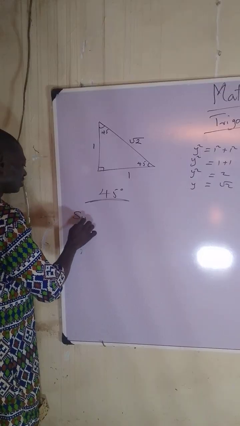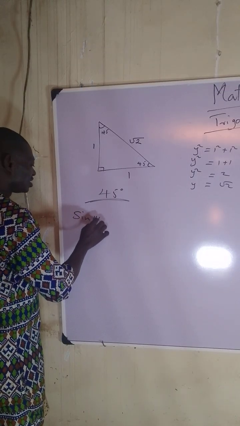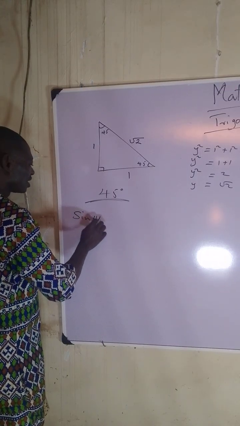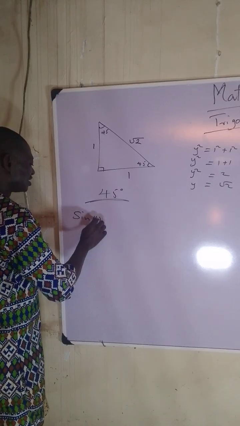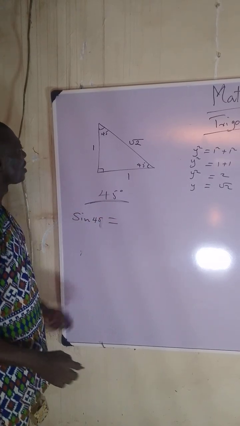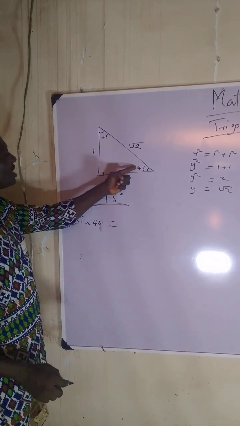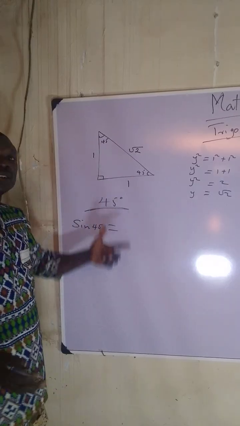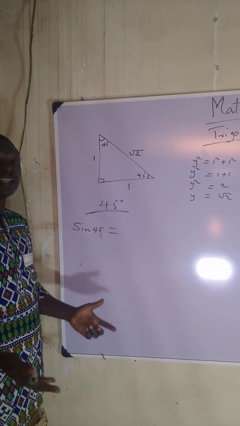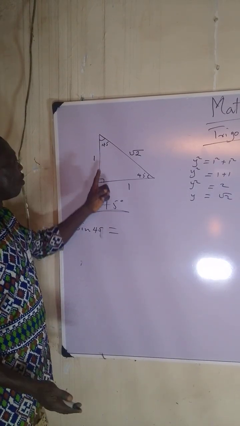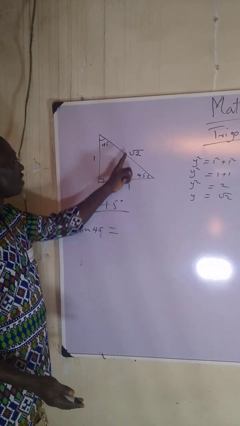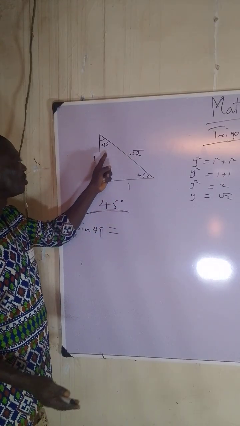What is sine 45 degrees? From what we have here, sine 45 degrees will give us opposite over hypotenuse. Whether we are using this angle or this angle, they are just the same. They produce the same result. We are using this angle now.